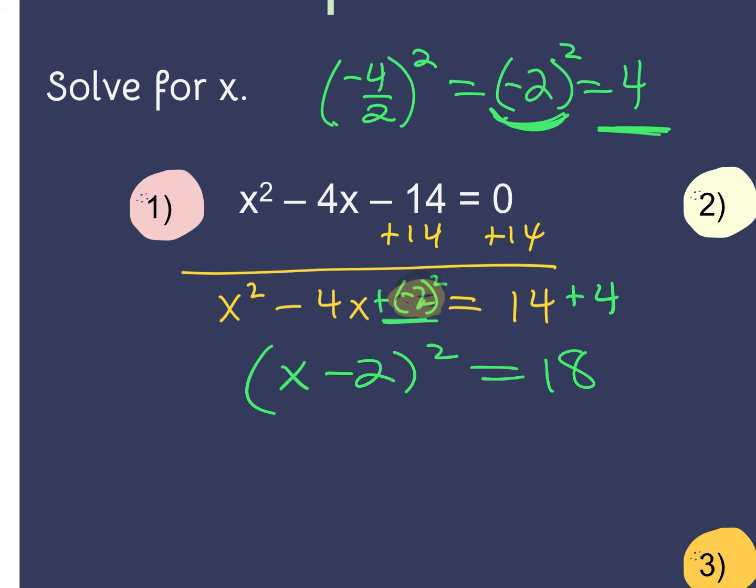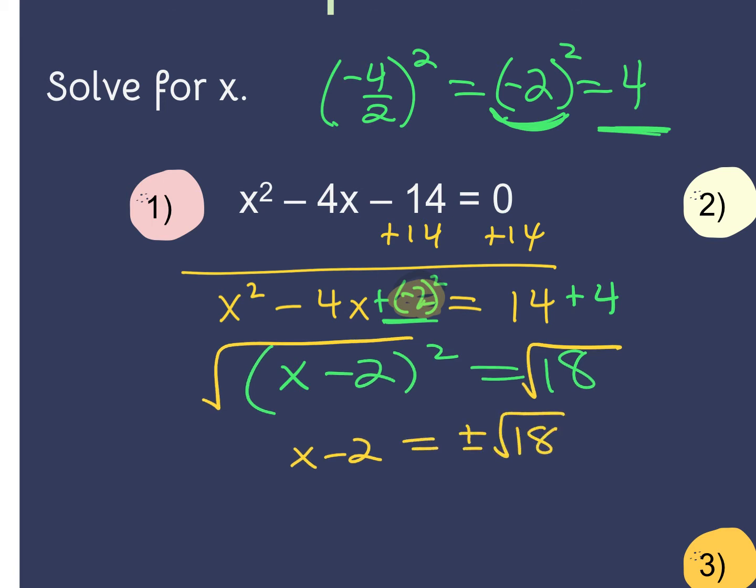I now have something that looks like yesterday's notes. And here's where I use the square root method. So I square root both sides. This becomes plus and minus the square root of 18.